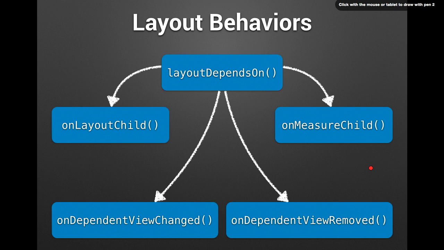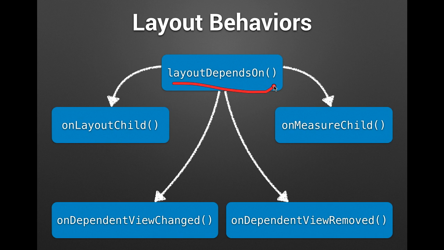So the primary method associated with this when you're extending your behavior is this layout depends on callback. This is the method you use to define the relationships between your view that you're attached to and the other views around you. The coordinator layout will call this method on the attached behavior for every other view inside the container and basically ask you, do you depend on this one?